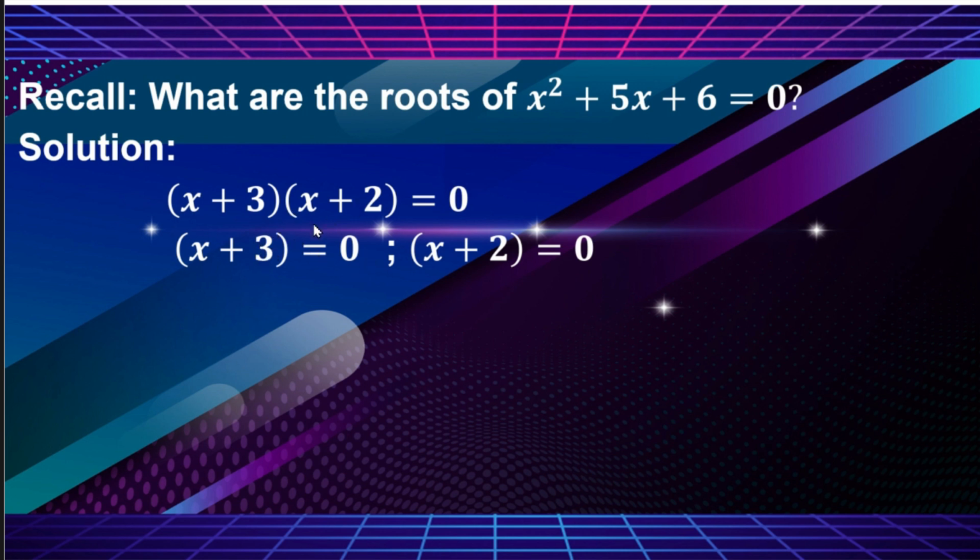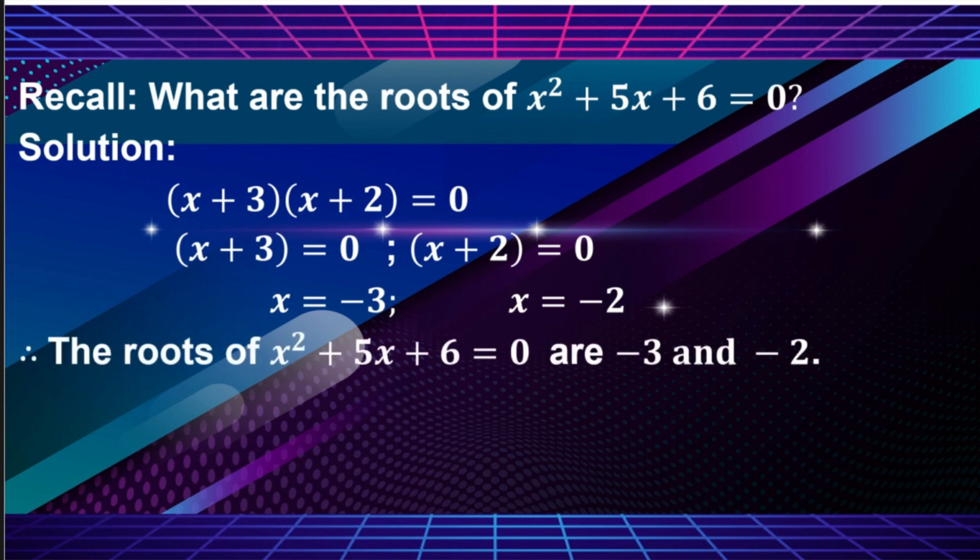Since it crosses the equal sign, positive 3 becomes negative 3. And this positive 2, when transposed, becomes negative 2. Therefore, the roots of x squared plus 5x plus 6 equals 0 are negative 3 and negative 2.